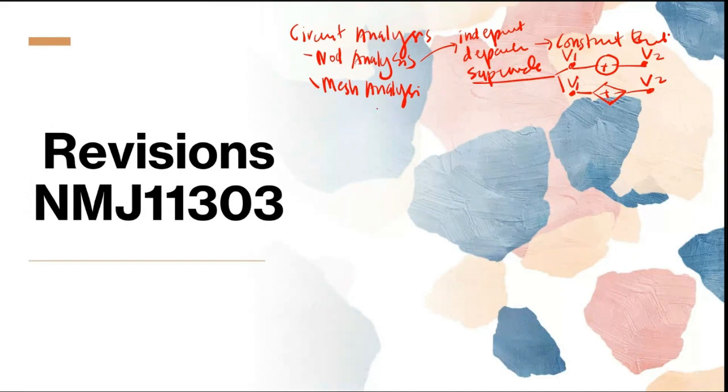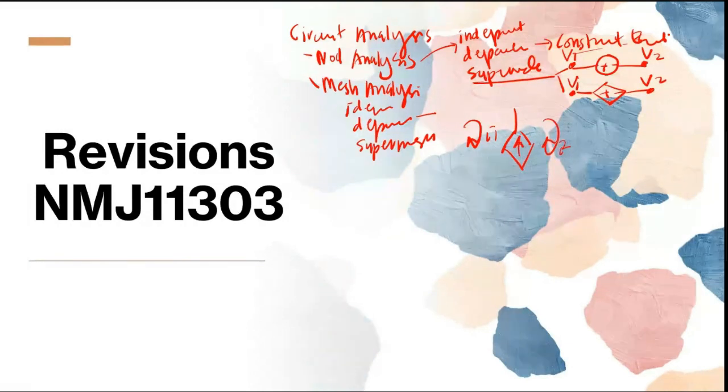And for the mesh, it is the same. We have independent analysis, we also have dependent, and when dependent, of course you need to come up with the constraint equation. Then we also have the super mesh. A super mesh happens when you have two meshes, let's say I1 and I2, sharing the same current source.